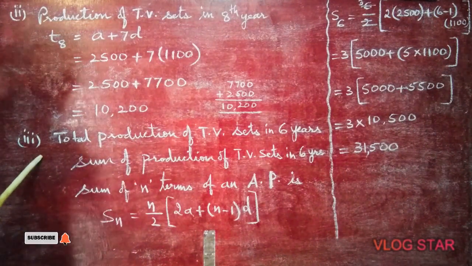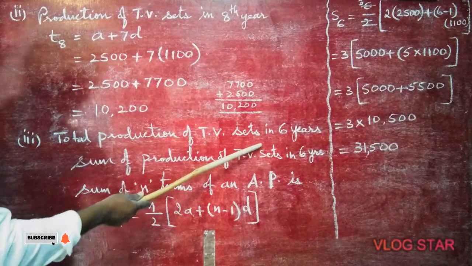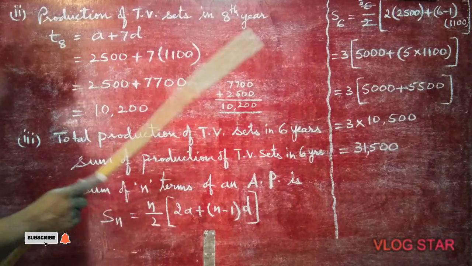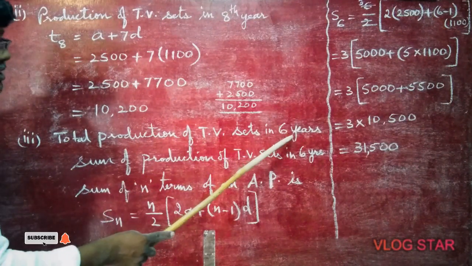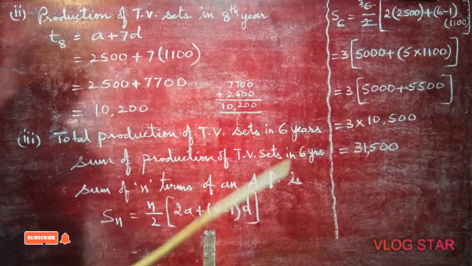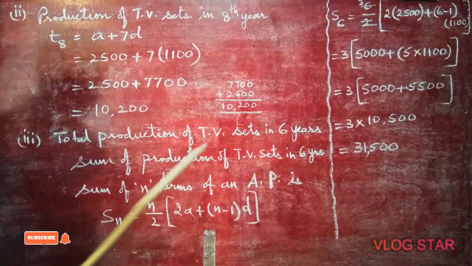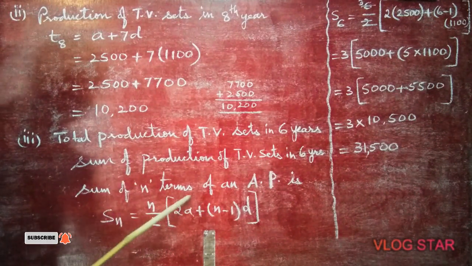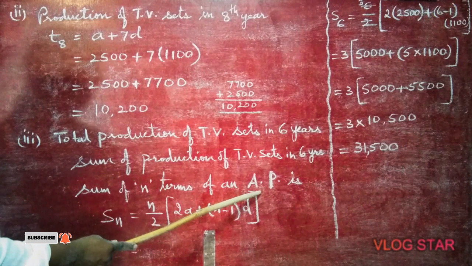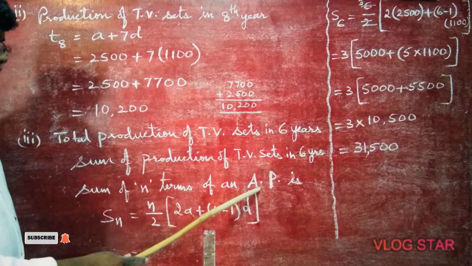Now the third bit, so read the question properly. Total production of TV sets in 6 years means right from the beginning up to 6 years. This is the 8th year, this is 6 years. Sum of production of TV sets in 6 years. Sum means sum of n terms of an AP. How do you know this is the sum to n terms of an AP?